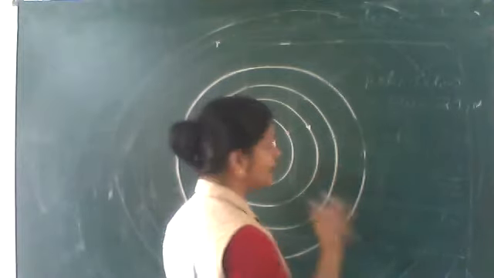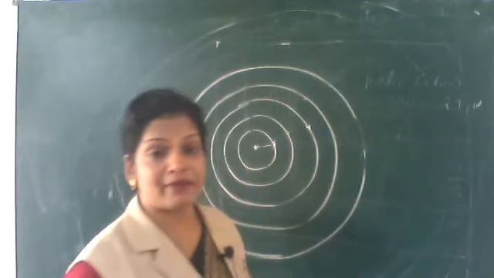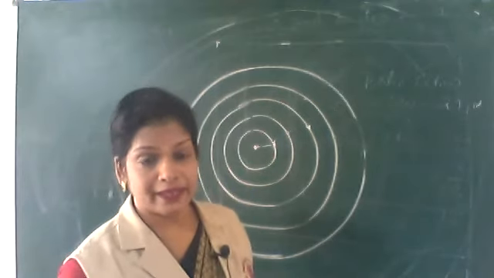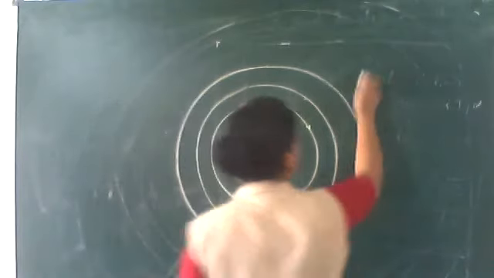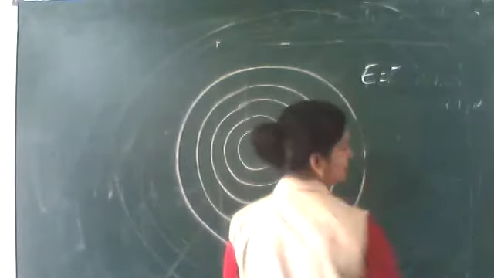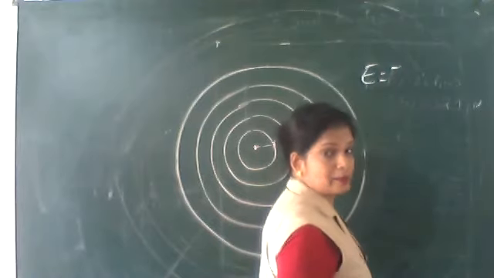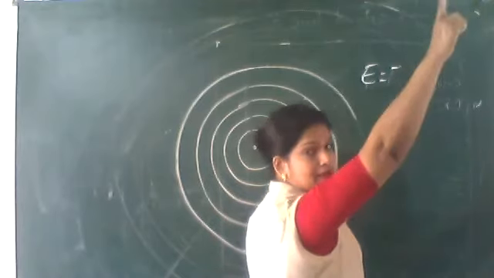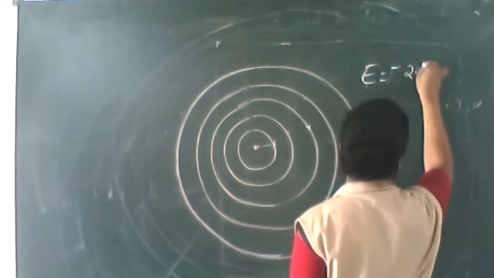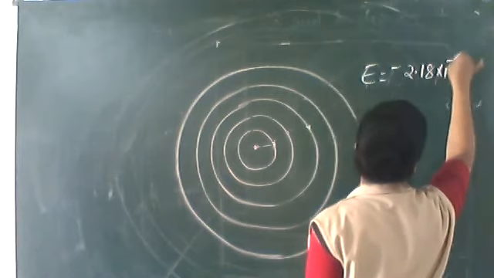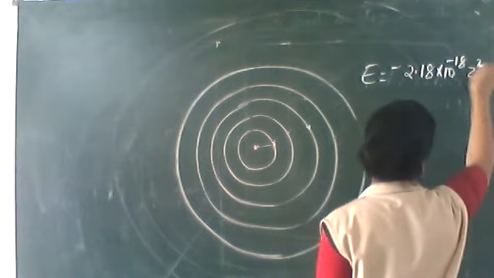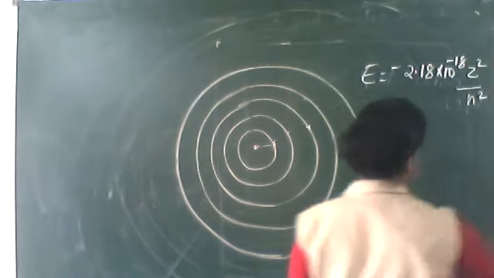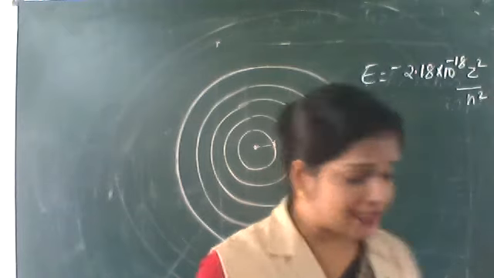So inside an atom, the energy of an electron will have a negative sign. So that energy is equal to minus 2.18 into 10 to the power minus 18 Z square upon n square. This is the energy of an electron.